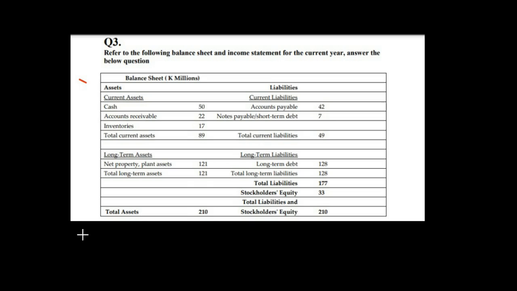We said the current ratio is equal to the current assets divided by the current liabilities. So what are the current assets? Total current assets: we've got cash 50, accounts receivable 32, inventory 17, so we've got about 89.